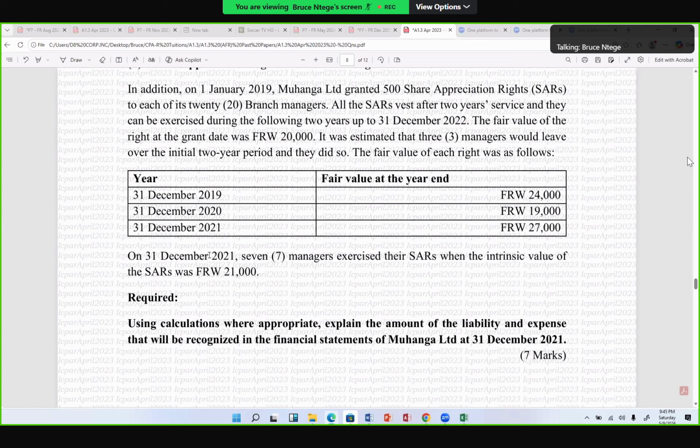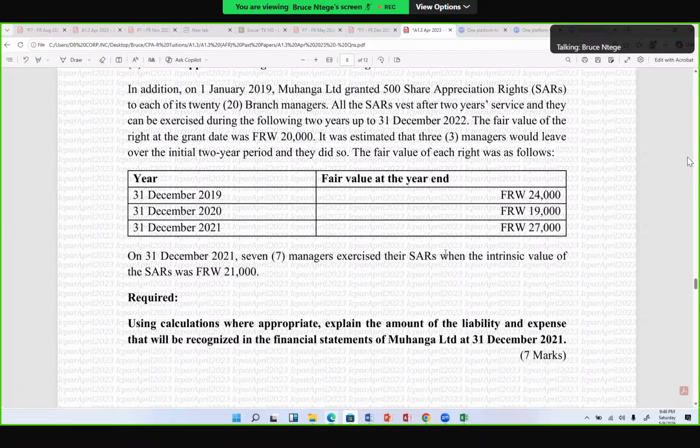Out of the 17 who finished, 7 managers walked in in December 2021, when the intrinsic value is 21,000 francs per share appreciation right. That intrinsic value tells you that for everyone who walks in to receive their entitlement, there's always going to be an additional expense, based on intrinsic value, which should be recognized.